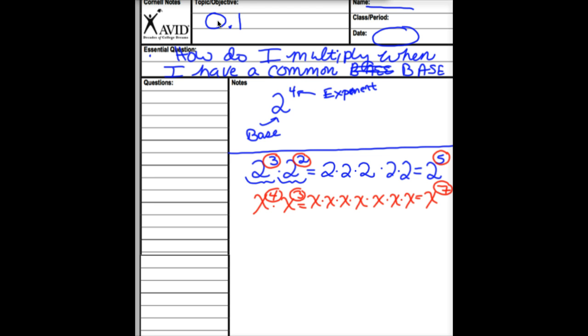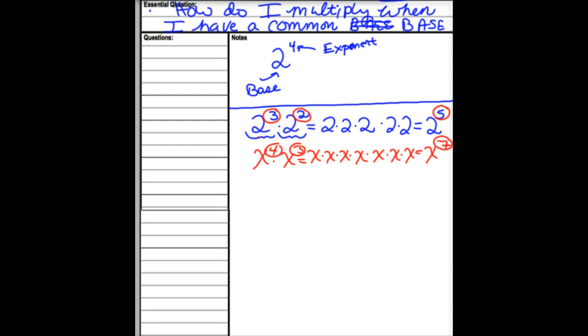So we have a property that says that when you multiply and you have the same bases, you keep that base. Notice I didn't make this a 4, I kept it a 2. I keep that base and I add the exponents. So formally what it looks like is this.